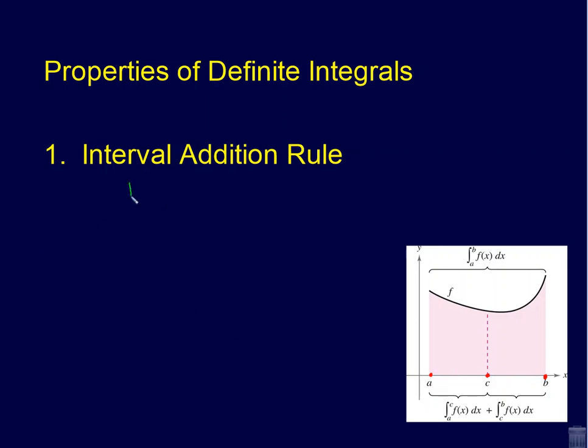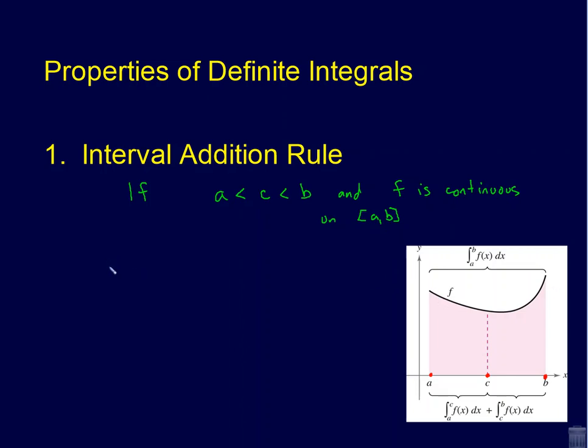So the given here is that a is smaller than c, and that c is smaller than b, and that f is continuous on this interval ab, like it is in this picture here.